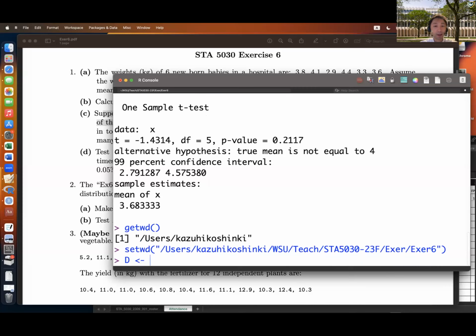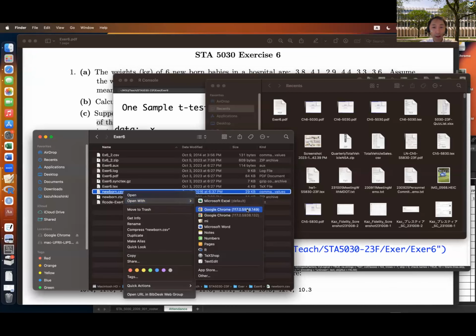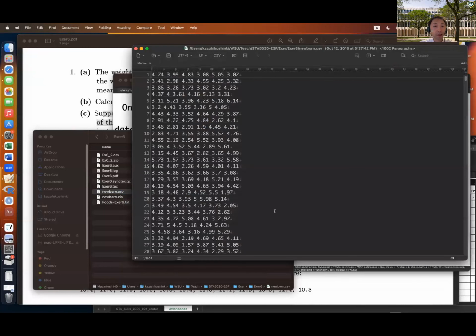Now we want to load the data set, the newborn CSV. I think this file is separated by space. This is the raw data, and it may be tab or space, maybe space.